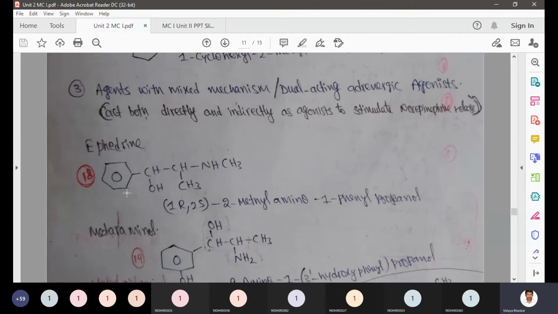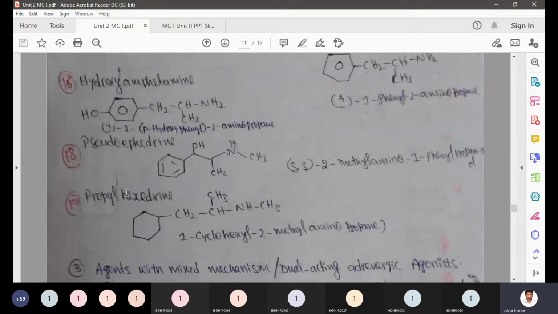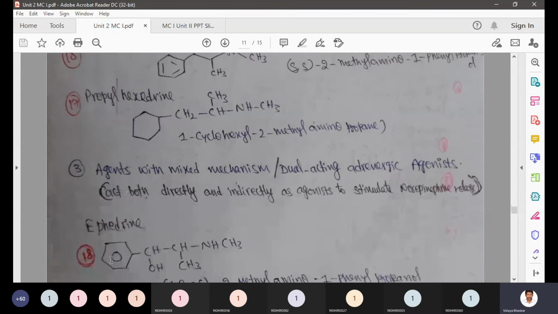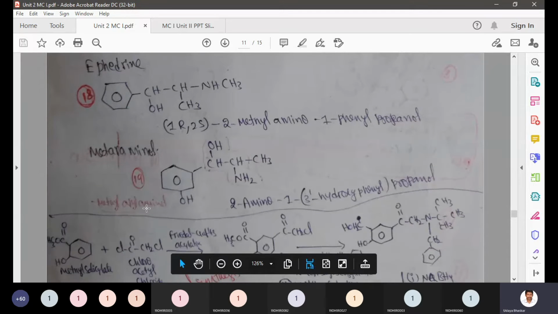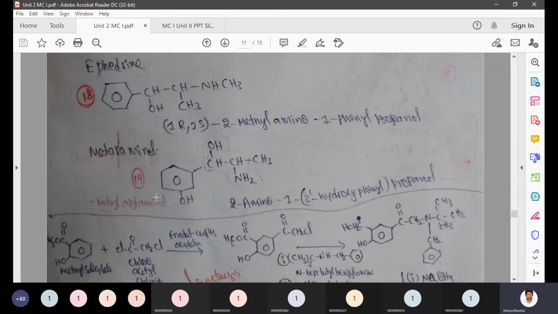And ephedrine has a similar structure to pseudoephedrine, only the position of OH is different. Metaraminol, so this is the structure. You have only a single OH instead of the double OH of the catechol ring, so it is non-catechol, and you have CH, CH3 and NH2.